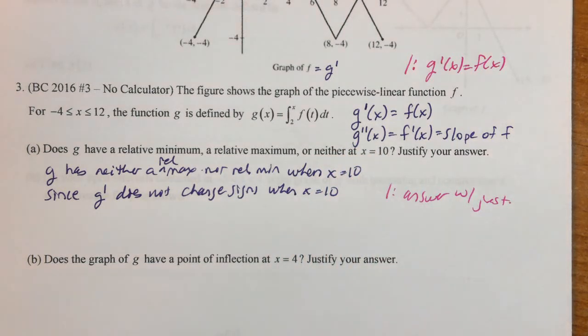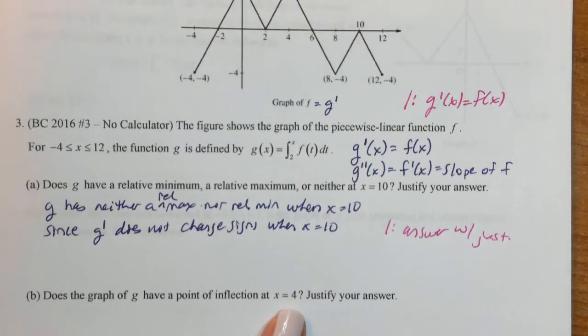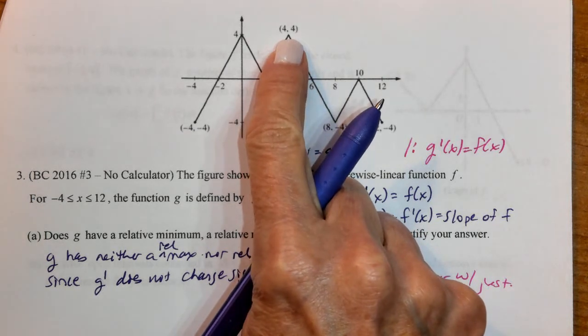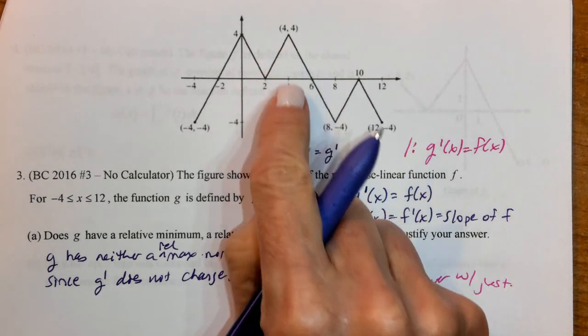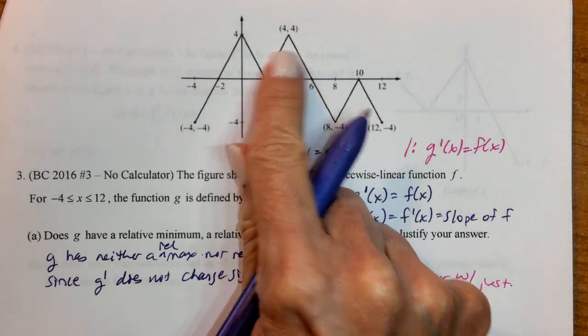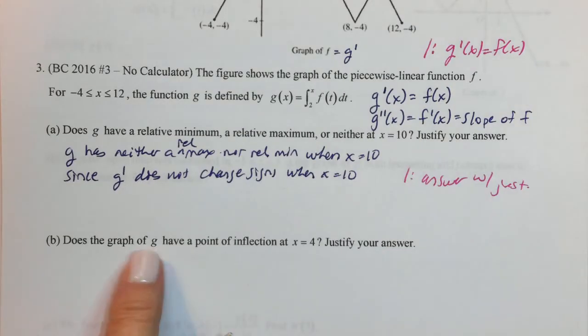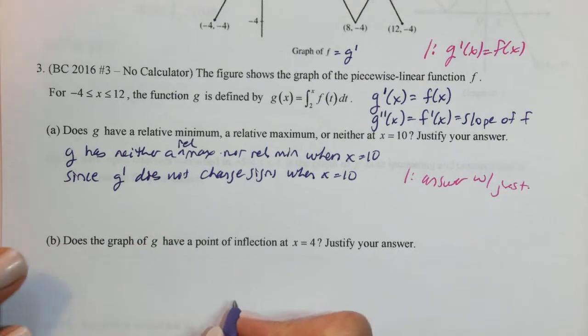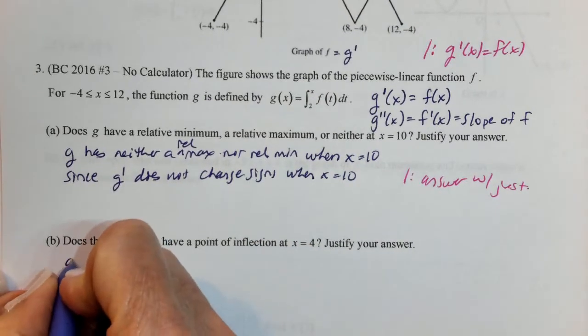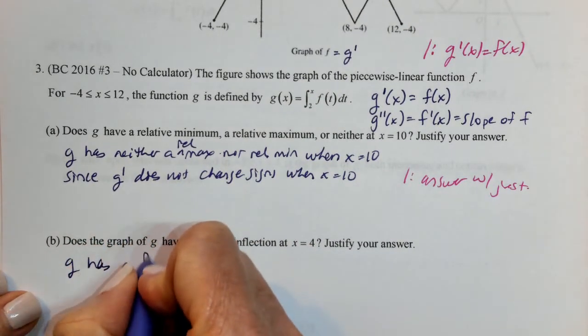Part B. Does G have a point of inflection when x is 4? Well, I look up here when x is 4, and I see that the G double prime, the slope, is changing signs. Point of inflection is when the second derivative changes signs. So yes, we do have a sign change there, so I'm going to say G has a point of inflection.